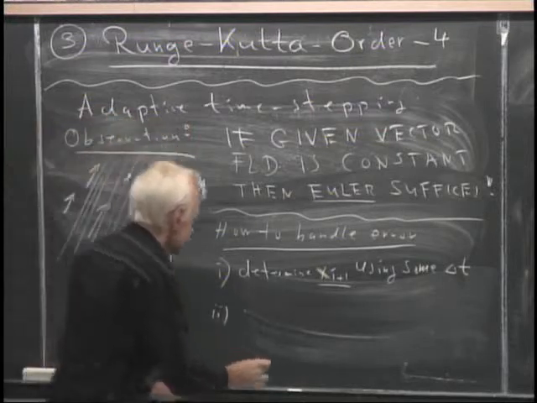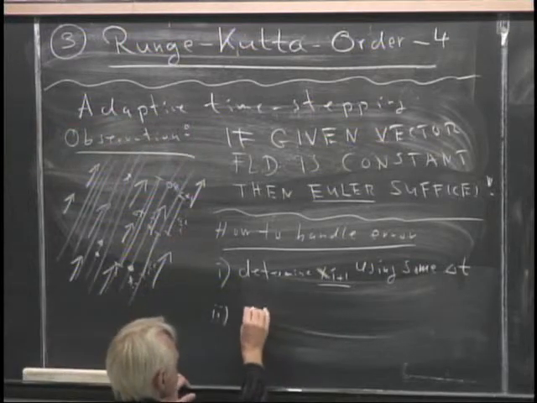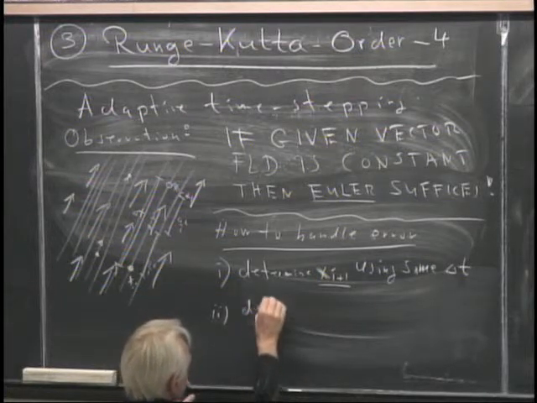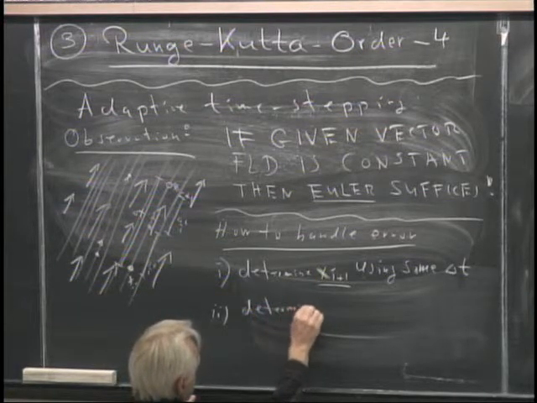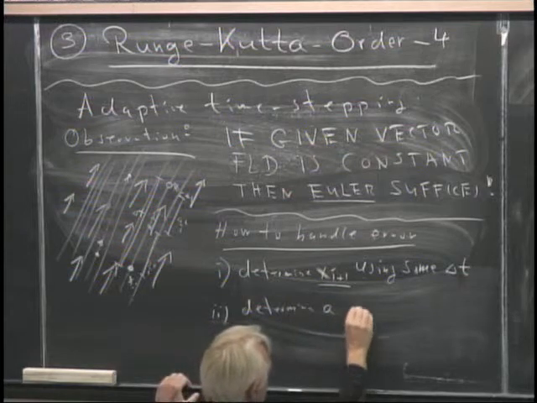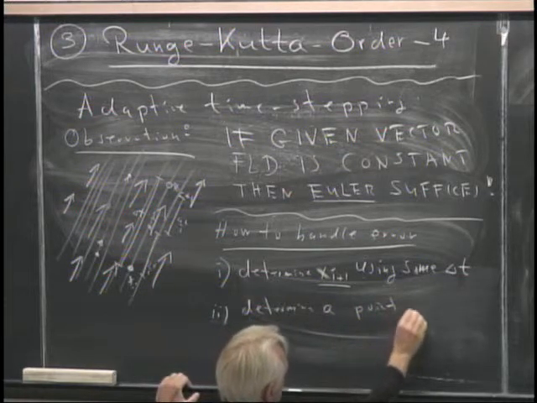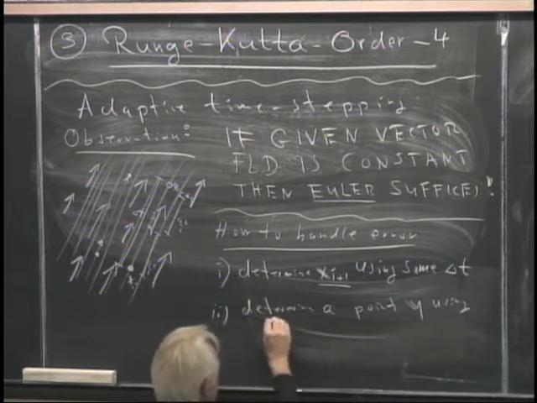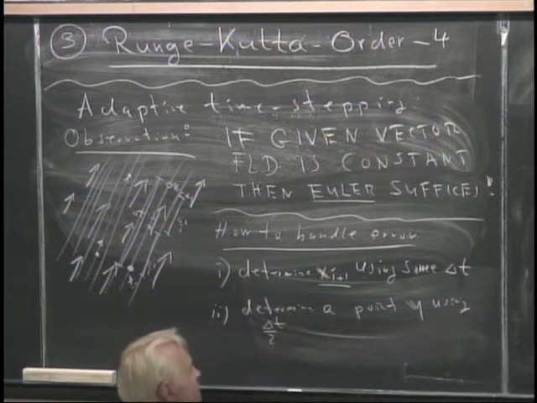Okay? 2 is determine a point y using delta t over 2. Okay.